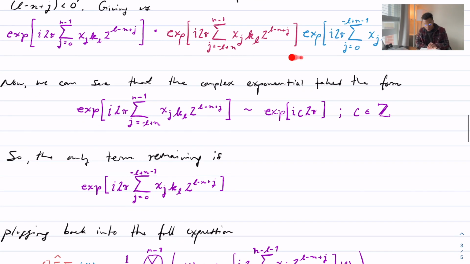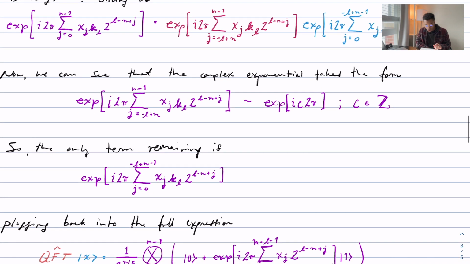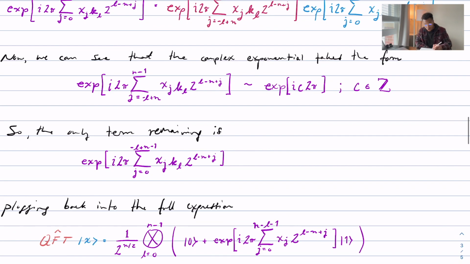And so if we look at this red term here, we can find something interesting. Based on the range of the index j, this coefficient 2 to the L minus n plus j will strictly only belong to the set of integers. And since that's the case, the form of that exponential term will take the form of a constant multiple of i 2 pi.